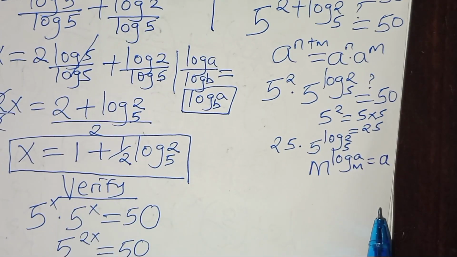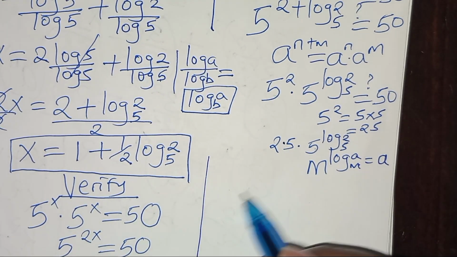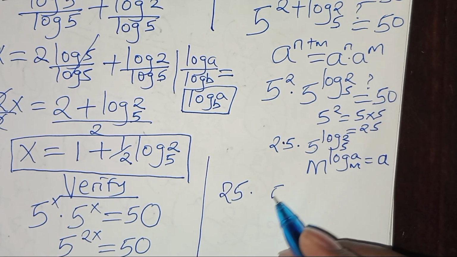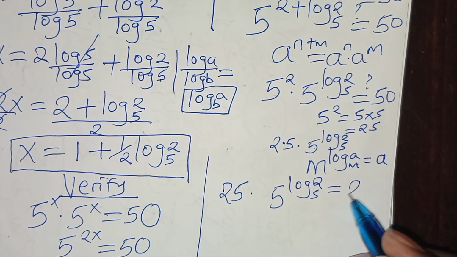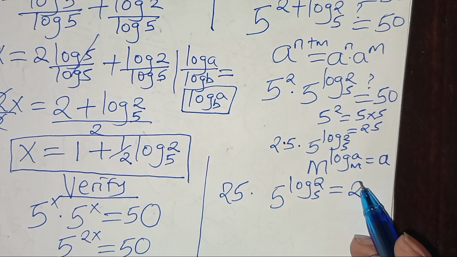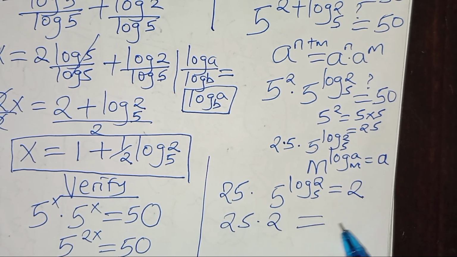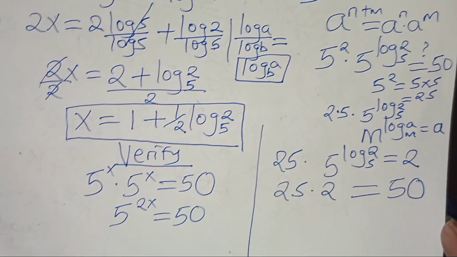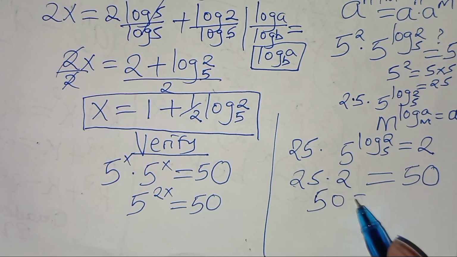Applying this logarithm property, 5 to the power log 2 to base 5 is essentially equal to 2. So we'll have 25 multiplied by 2, and this is supposed to give us a value of 50. So it's true that 25 times 2 is 50, which is equal to 50.